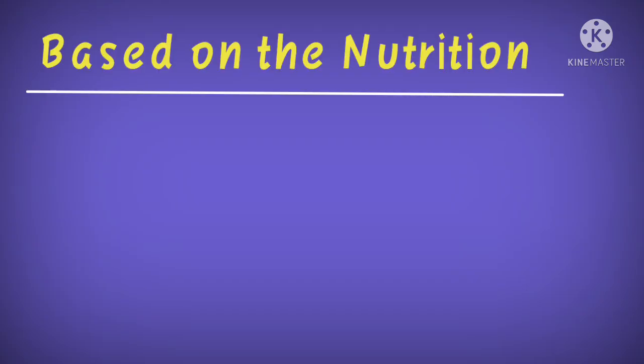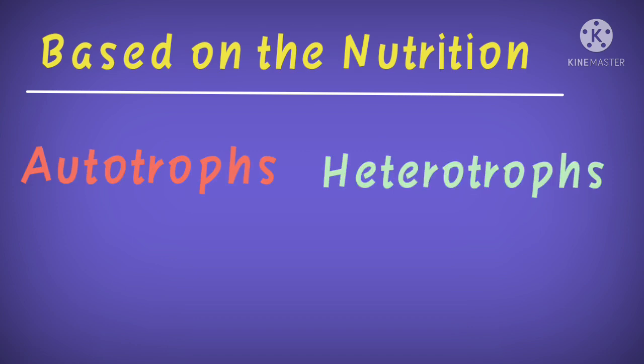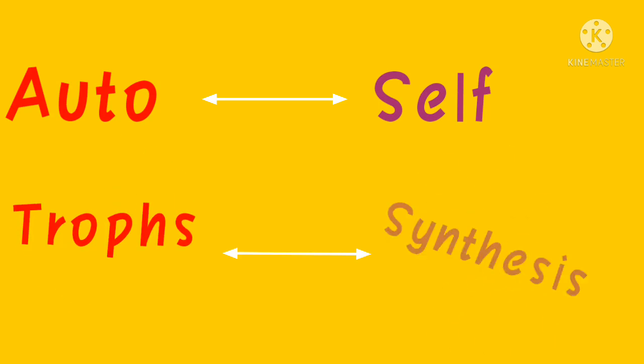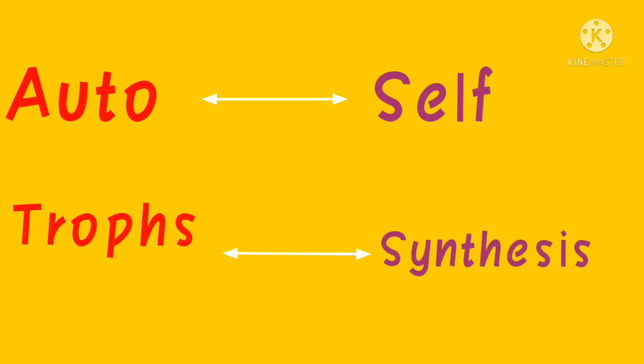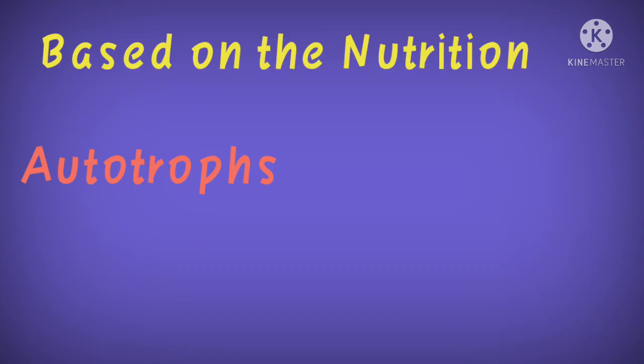Based on nutrition, the living organisms are divided into two types. They are autotrophs and heterotrophs. Auto means self, trophs means synthesis. So, the living organisms which prepare their food for themselves are called autotrophs.